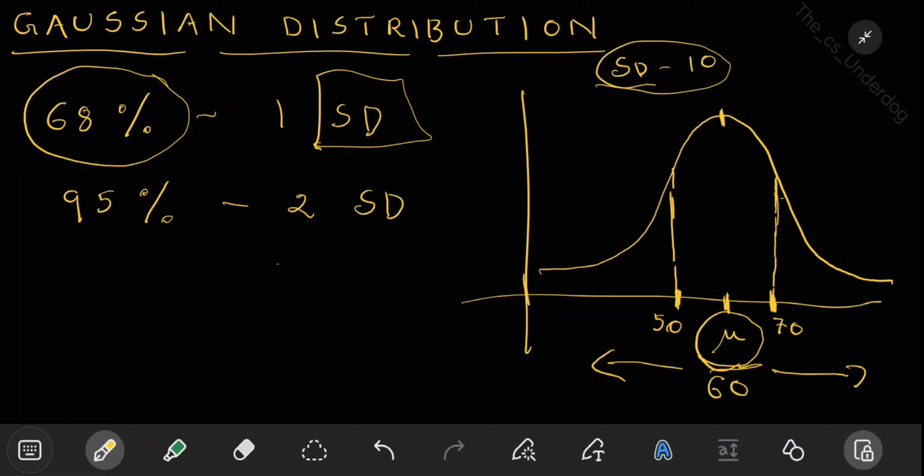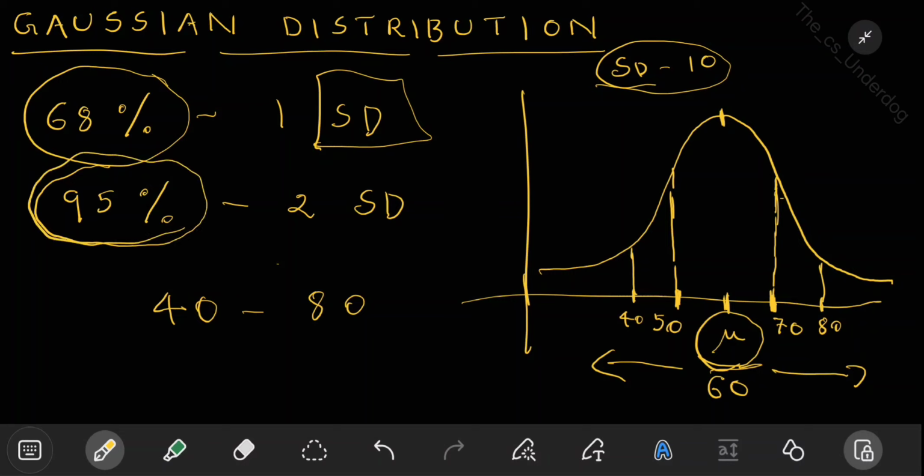Considering the same example, two standard deviations towards the left would mean 40 kilograms and towards the right would mean 80 kilograms. So if you take this range from 40 to 80 kilograms, you should be able to find 95% of all the human beings in the world in the range of 40 to 80 kilograms of weight.